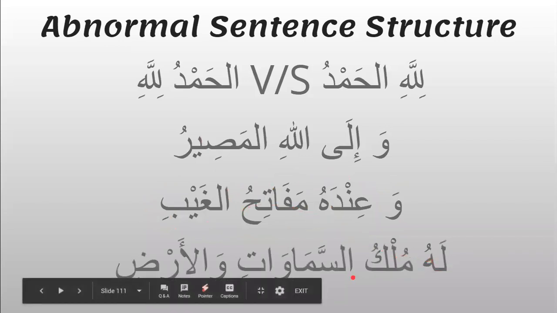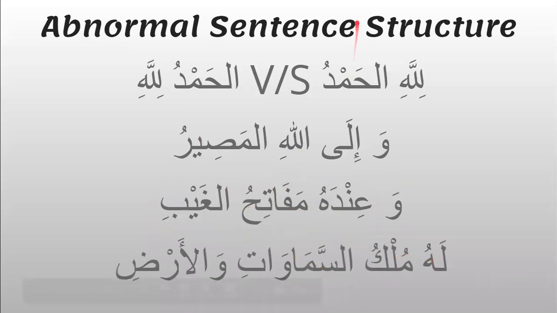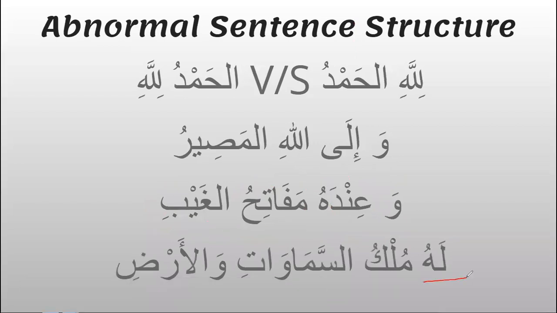Okay, lahu mulku samawati wal ard. What is lahu over here? It's a jar majroor muta'alliq bil khabar muqaddam, right? And mulku is our first rafa, so it's mubtada muakhar. But mulku is light, no alif lam, followed by a jar.